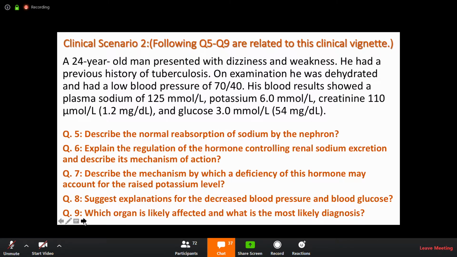Wonderful. So on the same line again, why was blood glucose decreased? Because we do not have sufficient glucocorticoid coming from the adrenal gland. Glucocorticoids will increase blood glucose level.